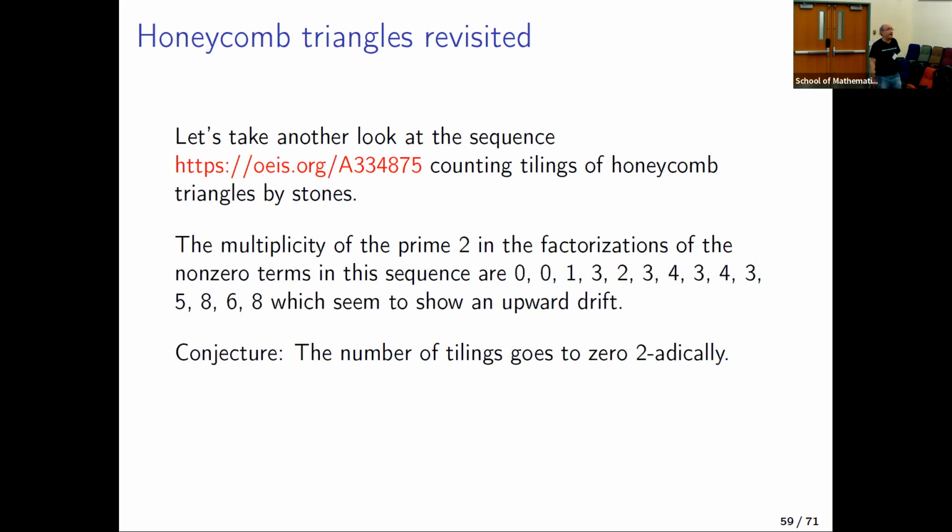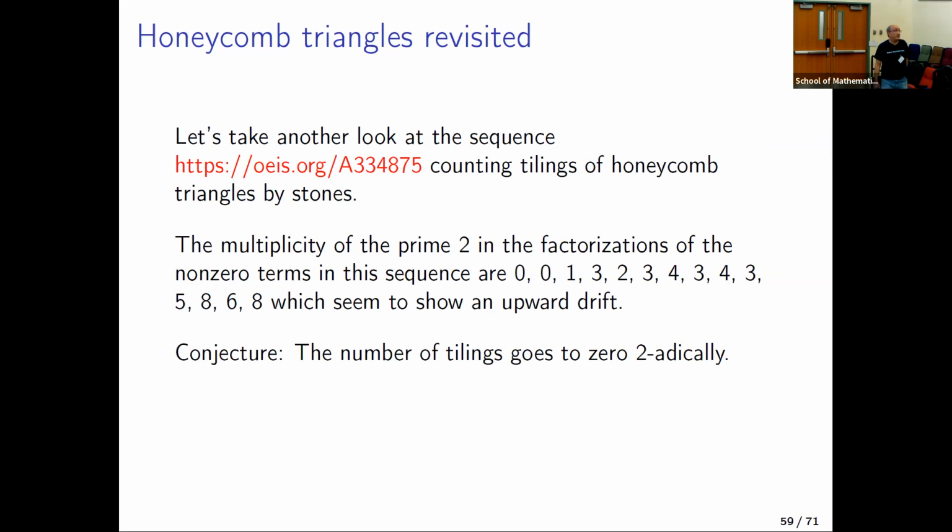In fact, let's go back and look at that original sequence that I showed you that I said was so unpromising. If you look at all the tilings of the honeycomb triangle by stones, and if you look at the multiplicity of 2 in the factorizations of the non-zero terms, it's slowly drifting upward.